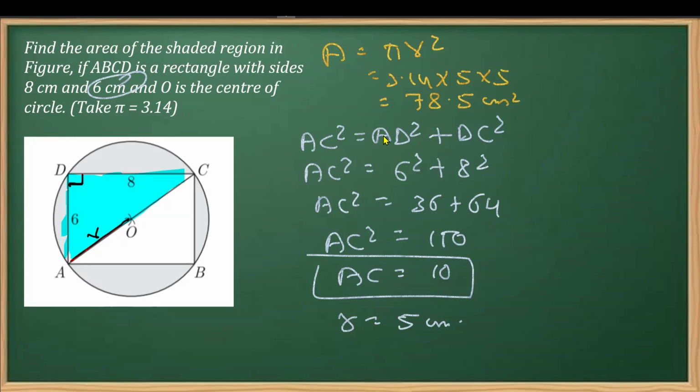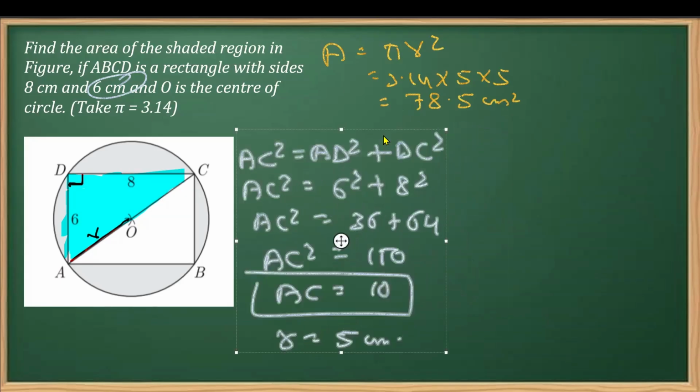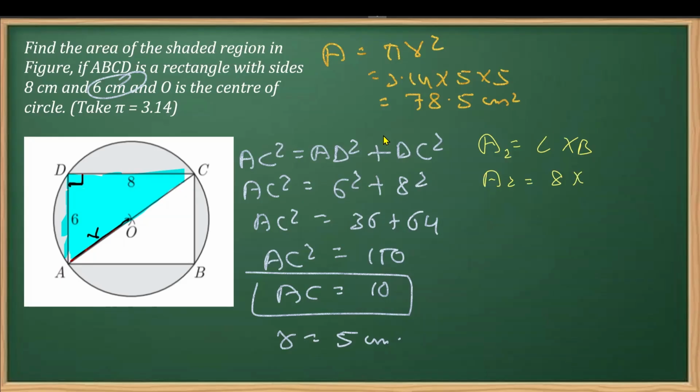Now we got the area of this circle, and next we'll find the area of this rectangle. So area of a rectangle formula is length multiplied by breadth. The length is 8, and the width is 6. So 8 into 6 is how much? 48 centimeters square.